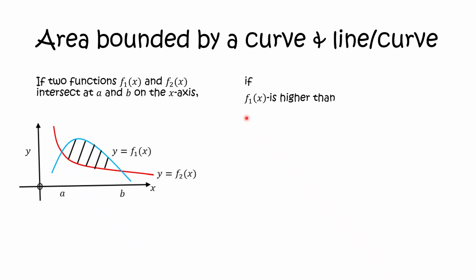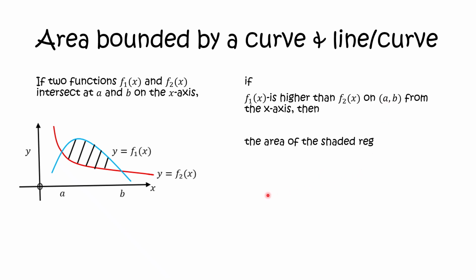So if f1 of x is higher than f2 of x, that is on AB from the x-axis, then the area of the shaded region is given by the integral from a to b of f1 of x minus f2 of x dx.